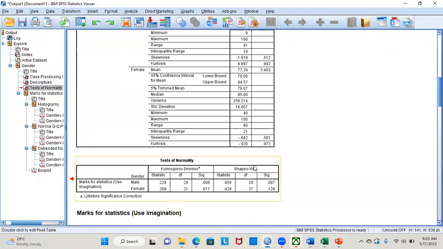Go to the significance, the last column. Let's take first marks of male students. Significance value is 0.007. It is way below 0.05.